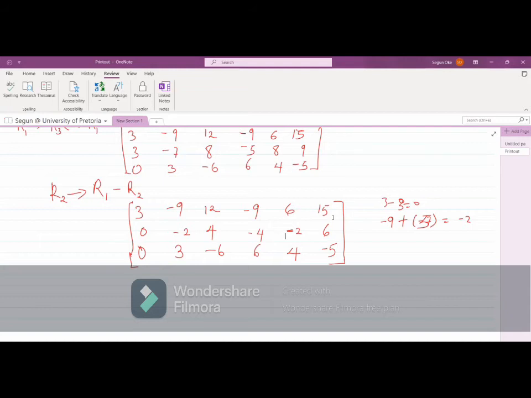Let me give you a hint. The next element in row 2, which is minus 2, must be equal to 1. Take note of that when you are dealing with it. So what next? Why can't we make that one along the line? Who can suggest?